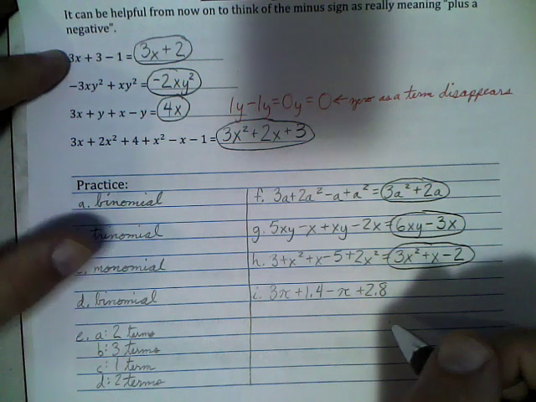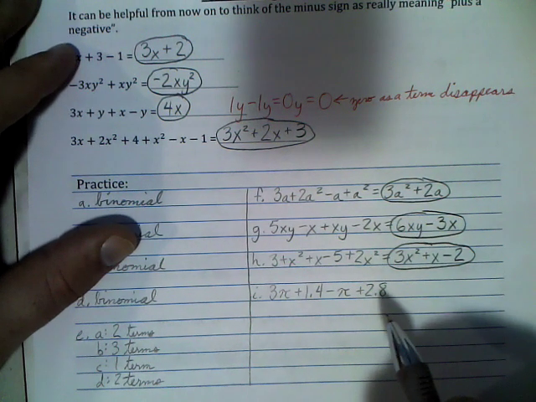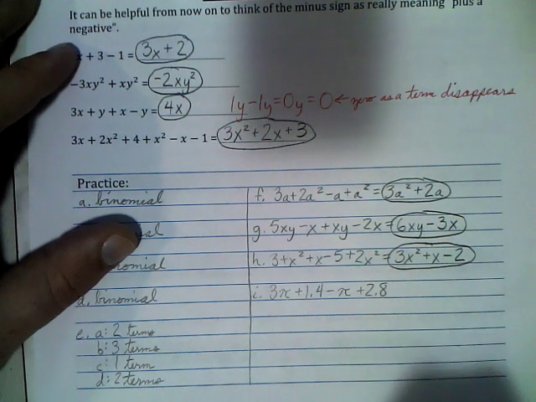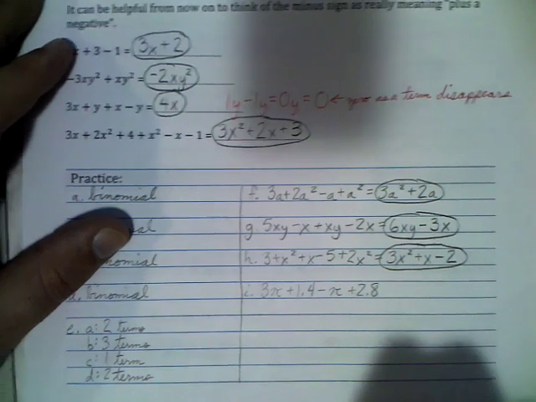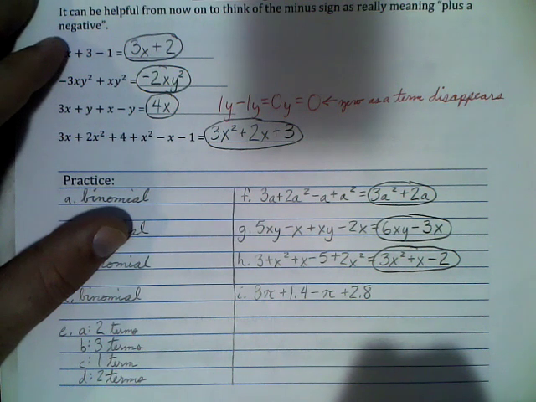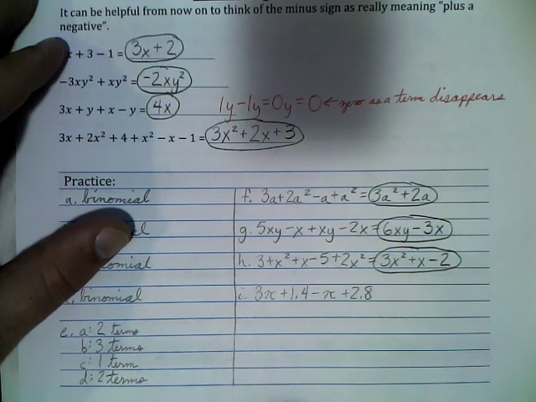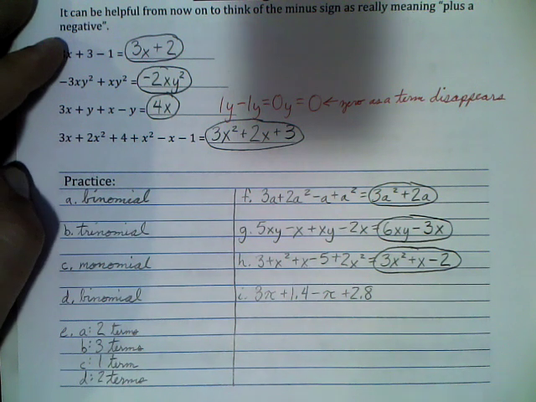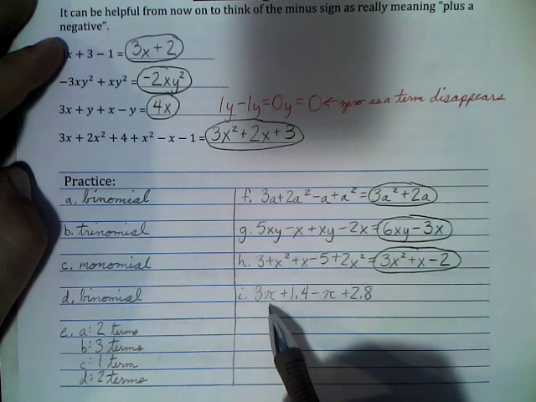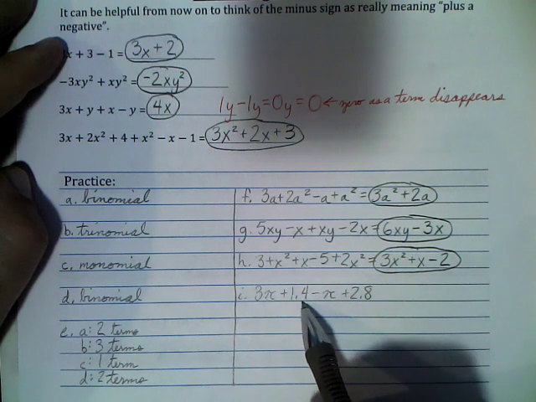So for this one, it's a little odd in that pi is not actually a variable. It actually is a constant. It has a specific value. However, because it's written as a symbol, we're going to treat it just like we would a variable. So even though it's not a variable, we're going to treat it like a variable because it's a symbol. So we're going to treat this like a pi term. This will be a constant term.